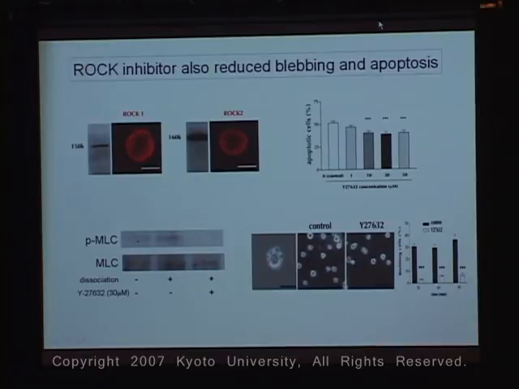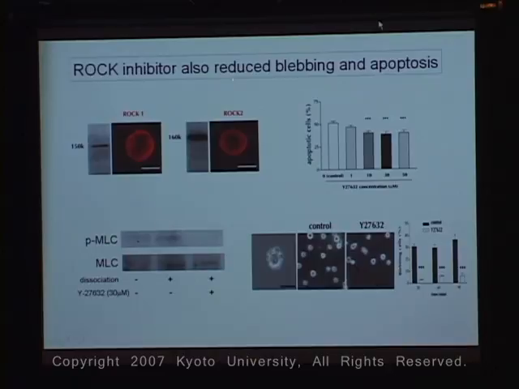With treatment with ROCK inhibitors, the number of TUNEL positive cells decreased. ROCK inhibitor treatment also decreased the number of cells with blebbing. Blebbing is a morphological change observed in the very initial stage of apoptosis.